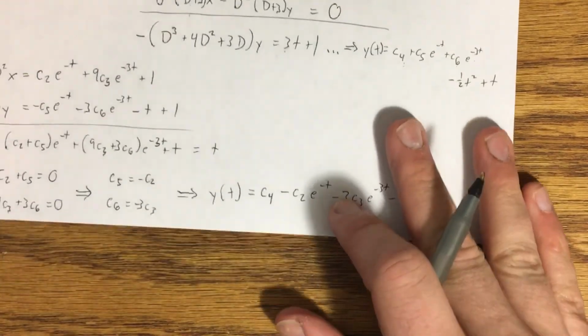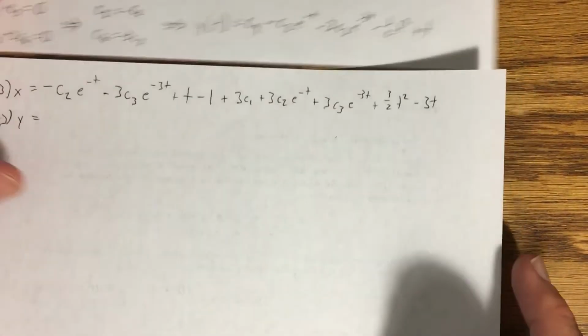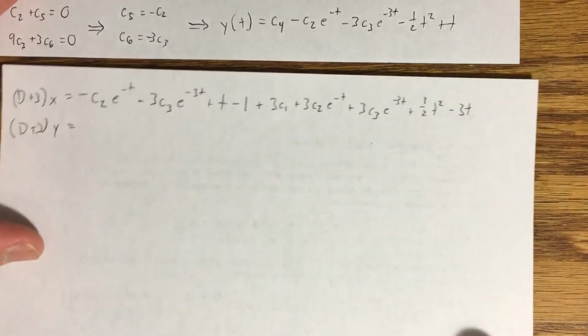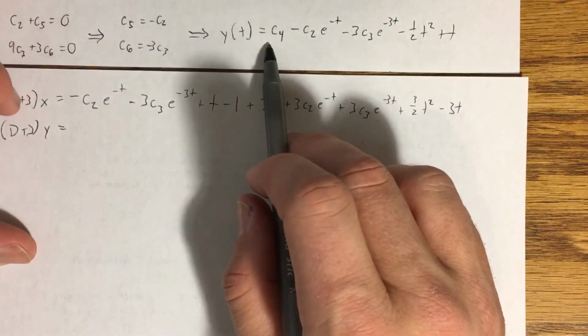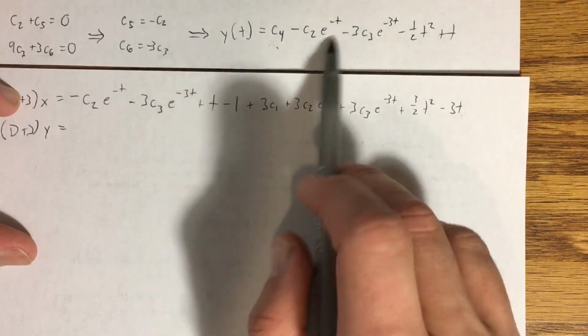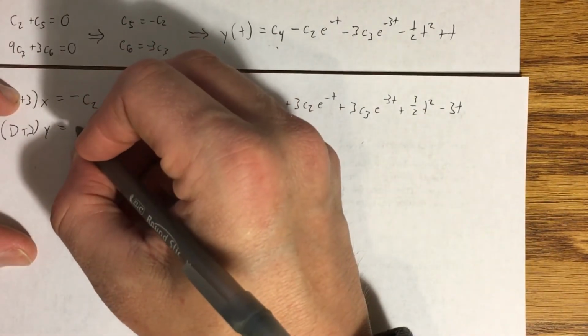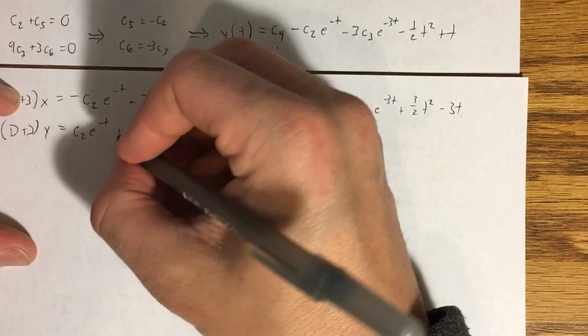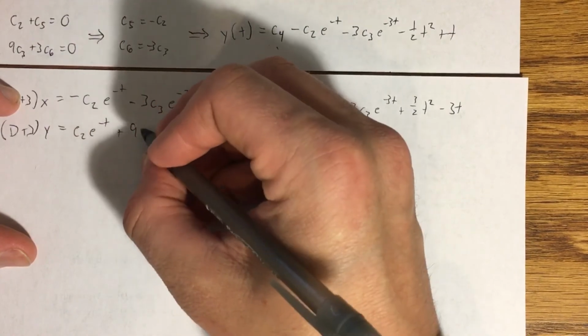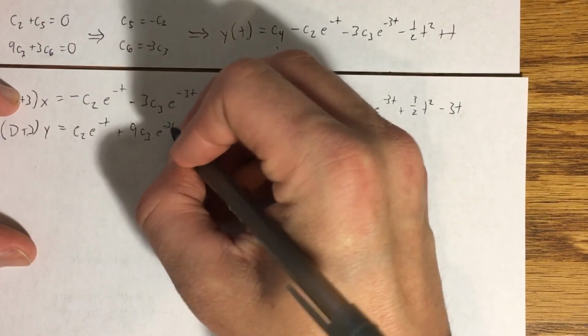Okay, so now I want to do the same thing that I just did a second ago, but with my y of t function. So let's take a look at that. Derivative of y. What is the derivative of this guy? Constant goes away. This becomes positive c2 e to the negative t. Derivative of this is plus 9c3 e to the negative 3t.